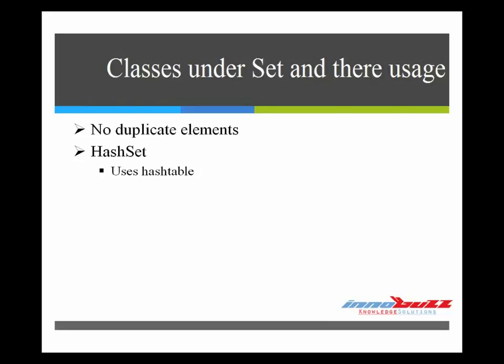So this is the hash table. The linked hash set includes also a hash table and a linked list to preserve the insertion sequence. So the elements inside a linked hash set are linked.